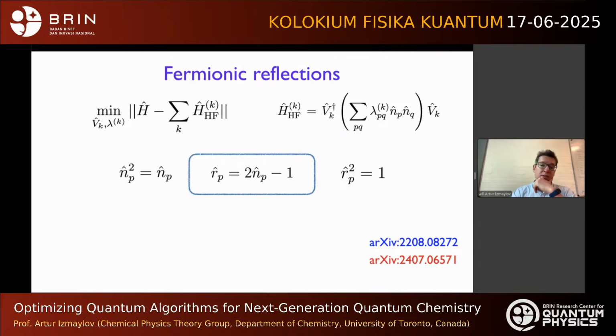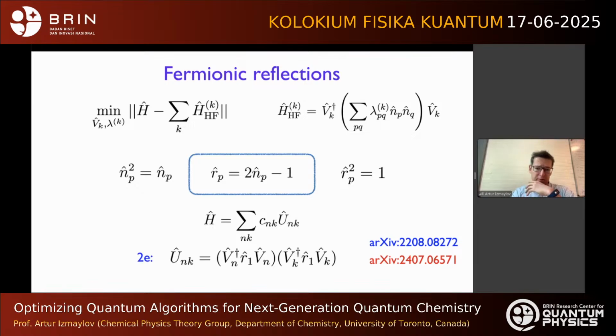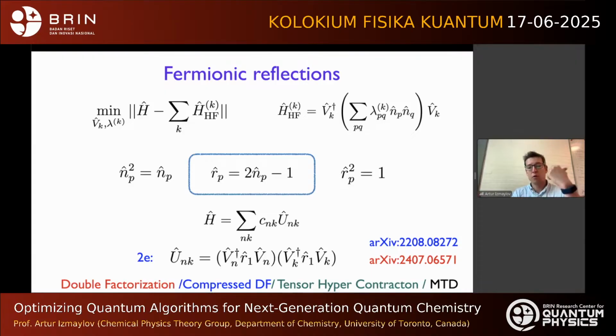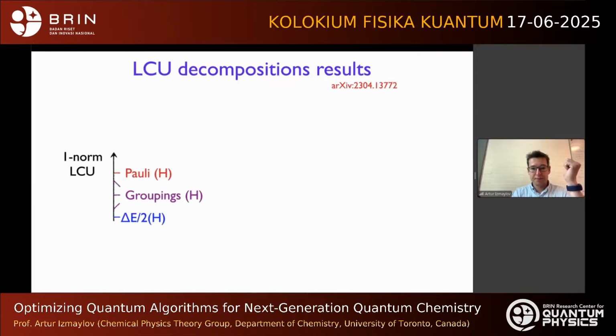The only thing is that we need to switch the number of electron operators for each spin orbital to reflections, because we want to build unitaries, and it's very easy to do. Then we have multiple works these days on what the techniques are, what the most general form of the fragmentation to unitaries is, and what their characteristics are.